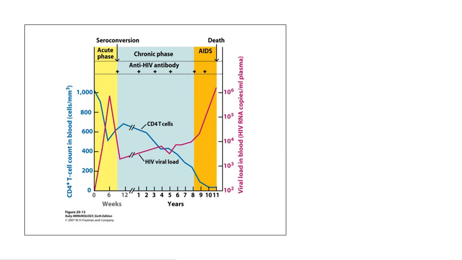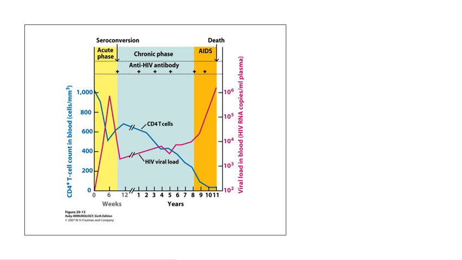In this figure, we can see the typical course of HIV infection in an untreated patient. Soon after infection, viral RNA is detectable in the serum. However, HIV infection is most commonly detected by the presence of anti-HIV antibodies after seroconversion, which normally occurs within 2 months of infection.